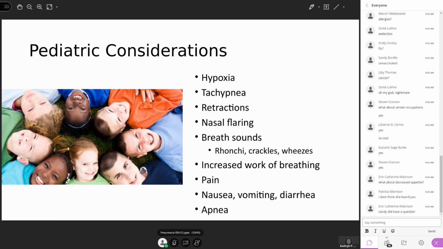So they're set up to be more easily dehydrated than adults. So we really need to be careful, and IV fluids would be a significant consideration if the child can't take in enough fluid. How would we assess an adult or child for dehydration, somebody who's coming in with pneumonia?